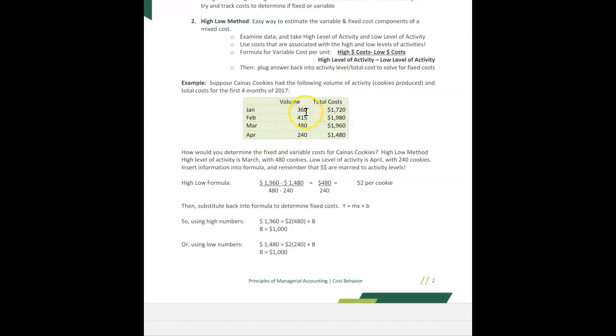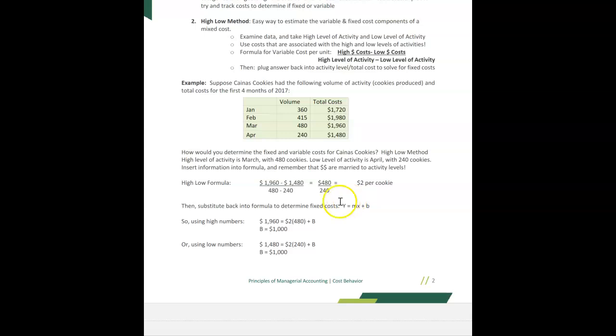If you look just at volume, not at cost, our high volume of activity is 480, so this would be our first one right here, and then our low level of activity is 240, so this would be the low. So what we're going to do is take the change in dollars over units. Our high dollars are 1960 minus 1480 our low dollars gives us 480, divided by the change in units of 240 gives us $2 per cookie.